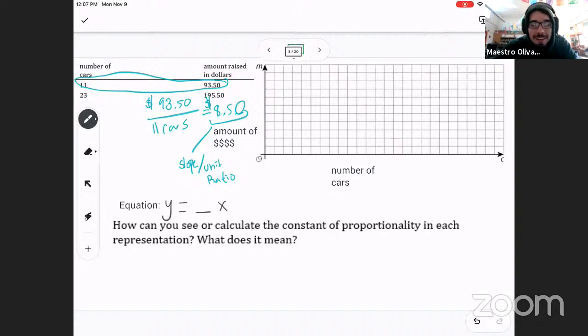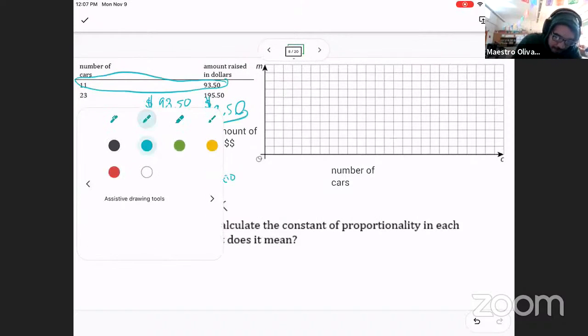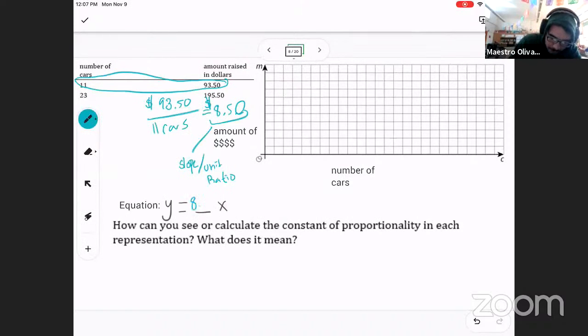Yes, the unit ratio is 8.50, so the slope is 8.50.